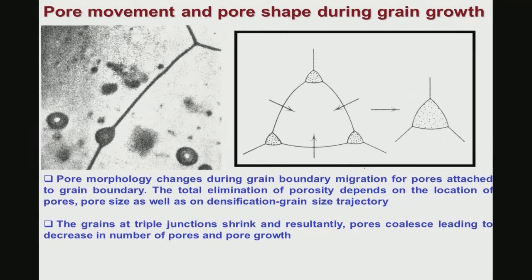As the sintering process advances, the pores are no longer connected to each other, and they become isolated. In that case, it is very difficult to remove the pores. Let me give you 3 examples: pore number 1, pore number 2, and pore number 3. Pore number 1 and pore number 3 are located well within the grain.